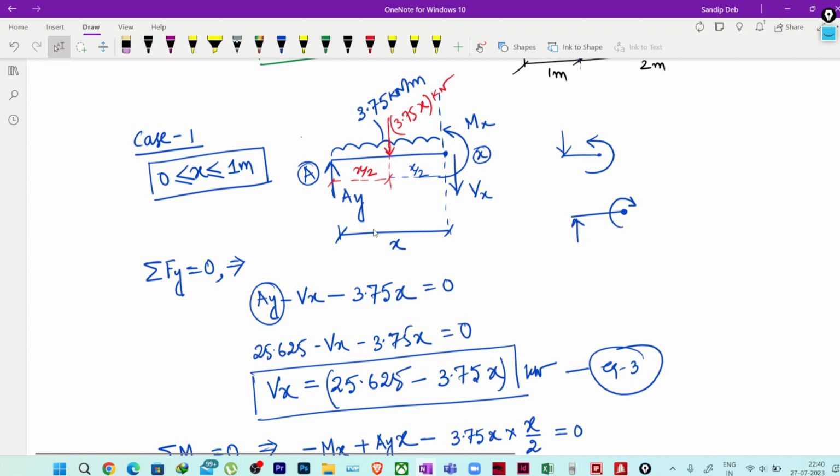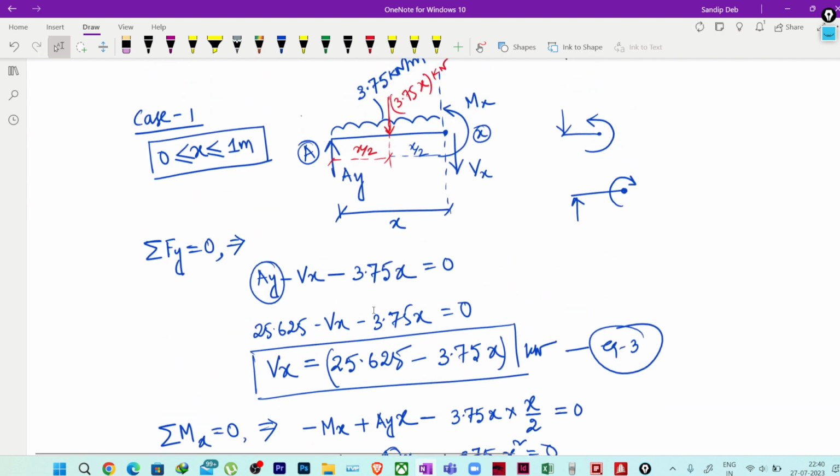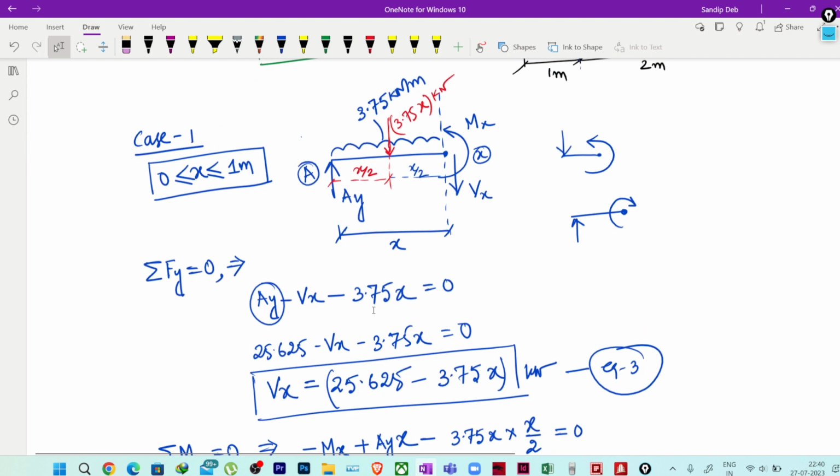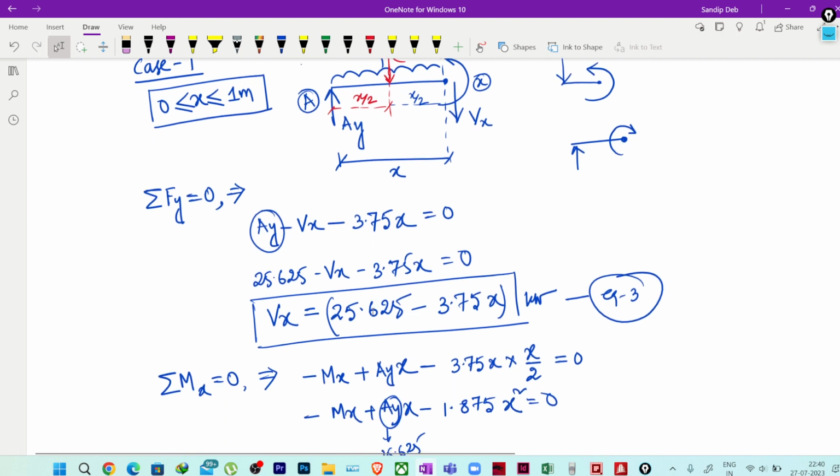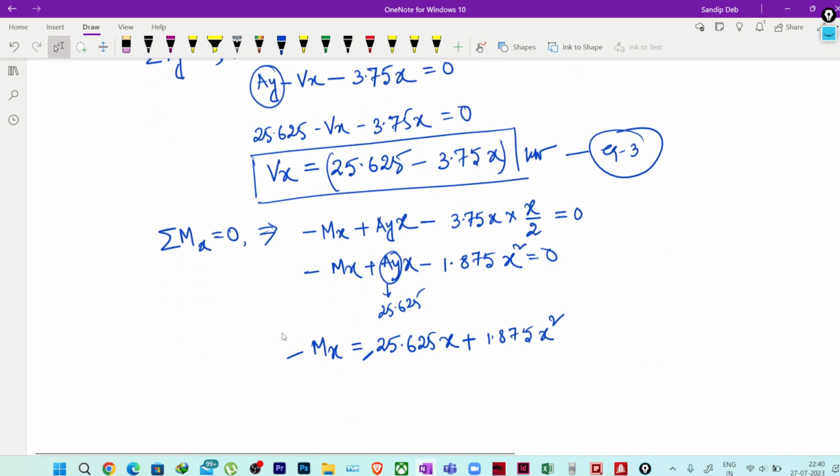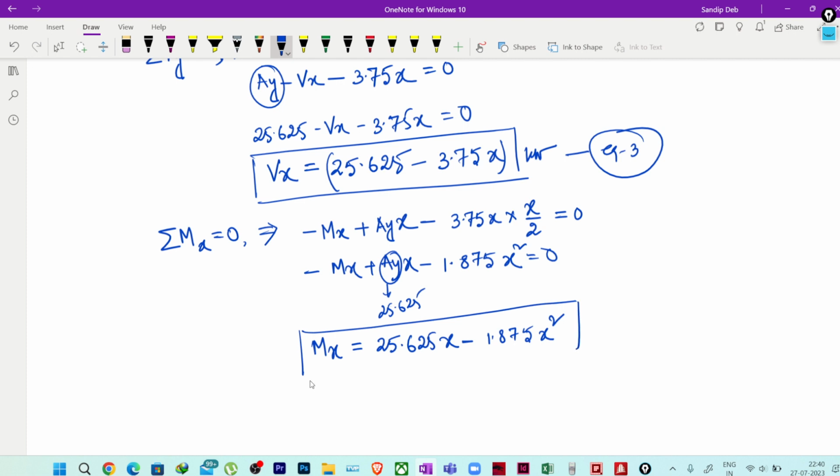Ay multiplied by x, it is this x. So plus, Mx is negative. This is acting at, okay, fine. So I have done it correct only. I'll just remove this. So it will be negative. We will see what it is actually.